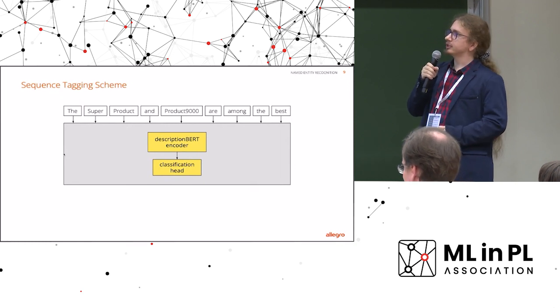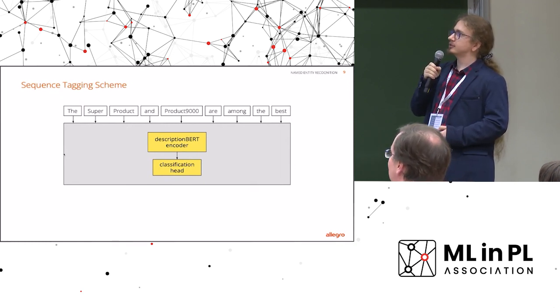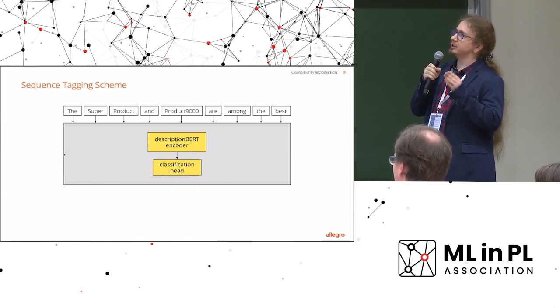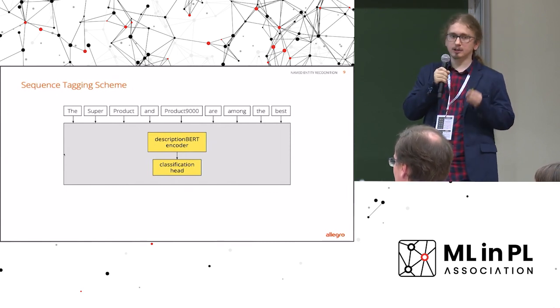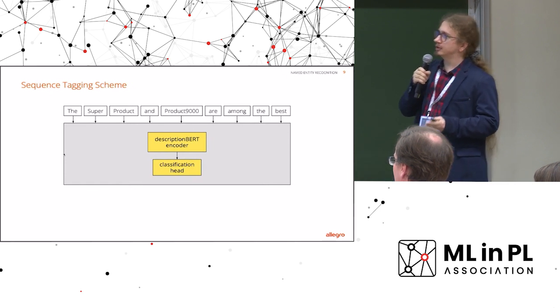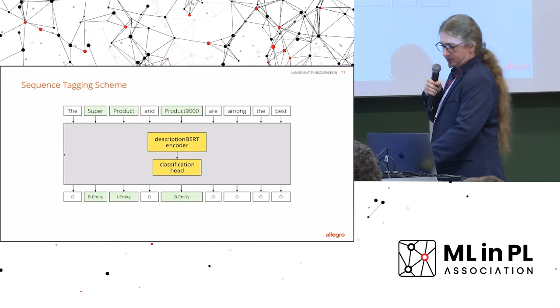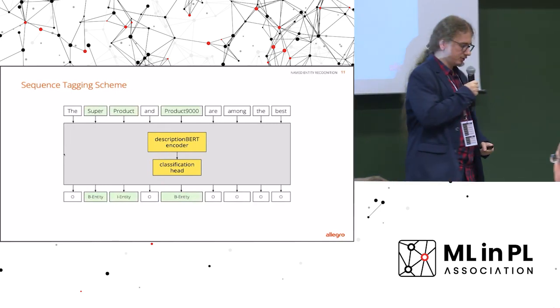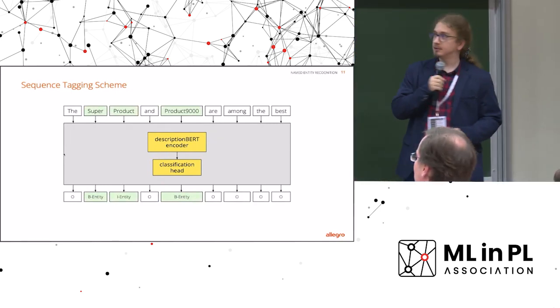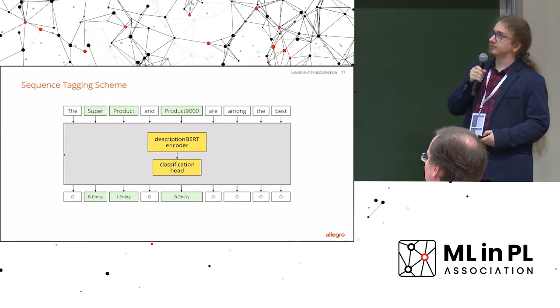Here, for the sake of simplicity, we assume that these tokens are whole words. We input such a sequence into a classification model, and then this model classifies each token into, in our case, one of three types of labels.